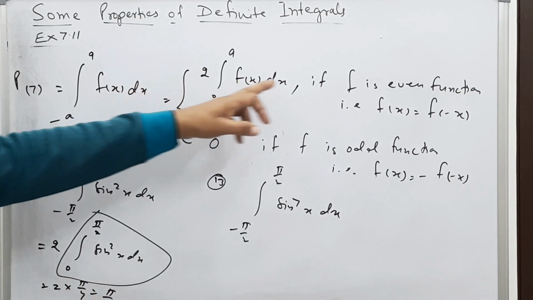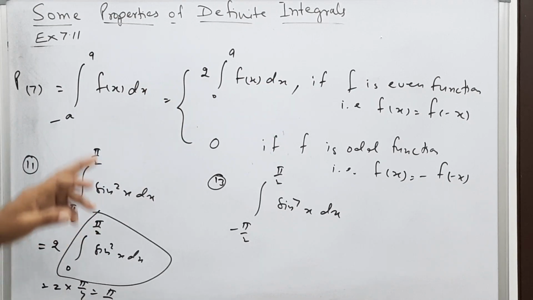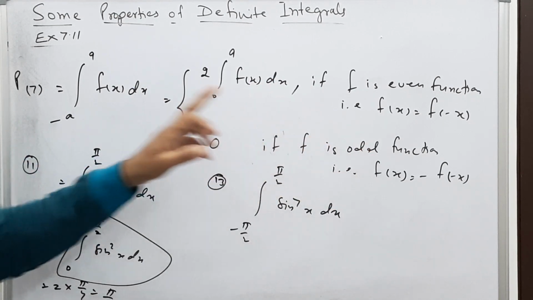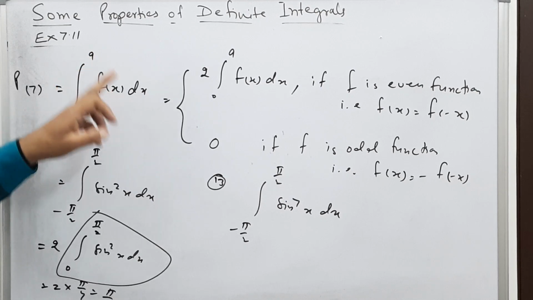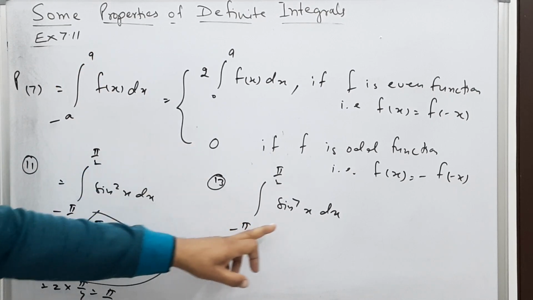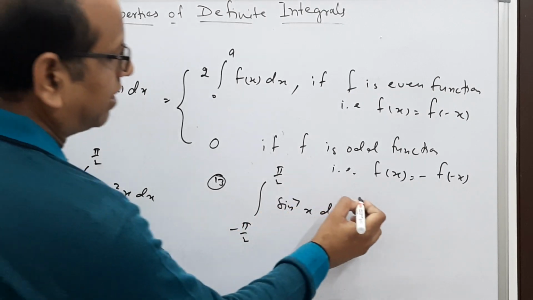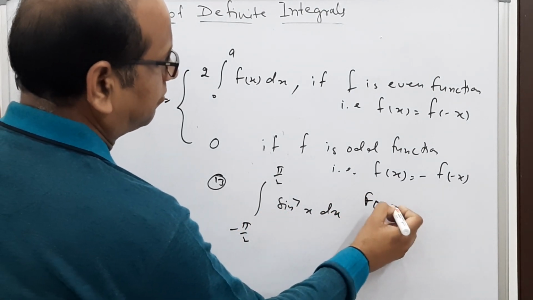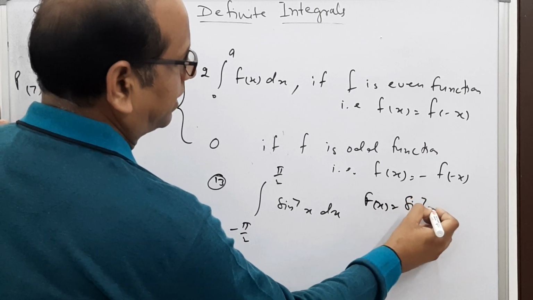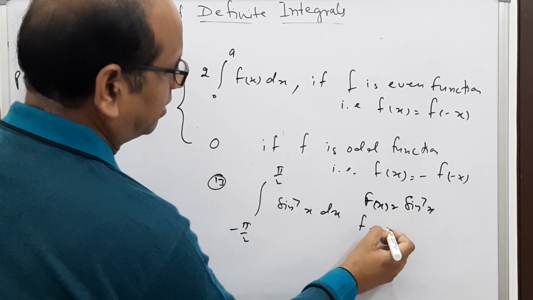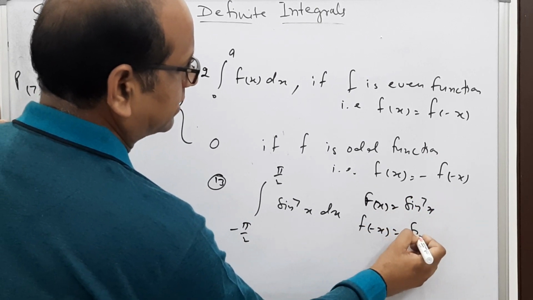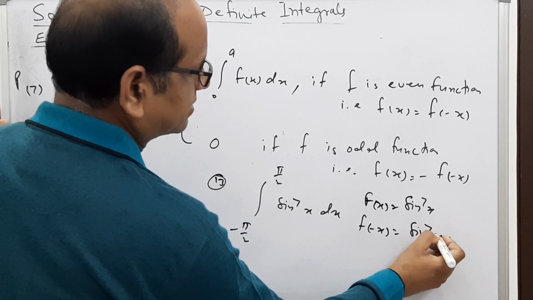This is the case when it is an even function. When it is an odd function, then the value from minus a to a will be 0. Like you see this example now: sine power 7x. Now, if f(x) equals sine power 7x, what will be the value of f(minus x)? It is sine power 7 of minus x.